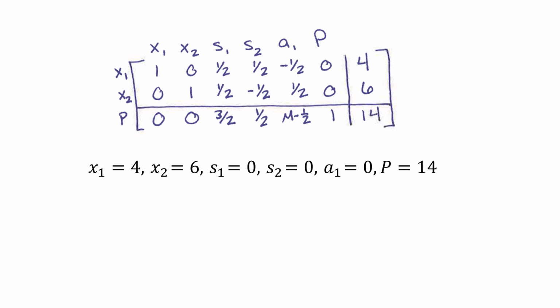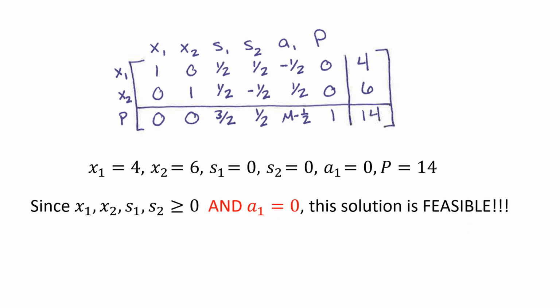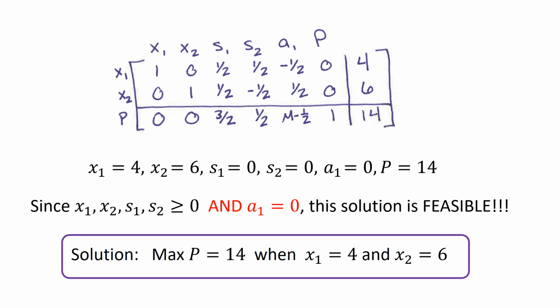So this is a feasible solution because our x's and s's are non-negative and the artificial variable is 0. So now I can solve my original problem. I know that p reaches its max value of 14 when x1 is 4 and x2 is 6.